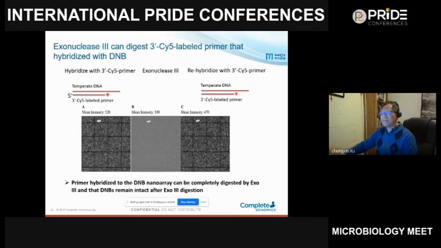All the DNBs light up, with an intensity of 520. After we cleave with X3, the intensity goes back to the background level, which is only 100. This means X3 can cleave the 3'-labeled primer, and then we can hybridize again with the primer and see the signals come back. That means this X3 cleavage does not damage the entire DNB. The DNB is still intact and still able to hybridize with the primer again.